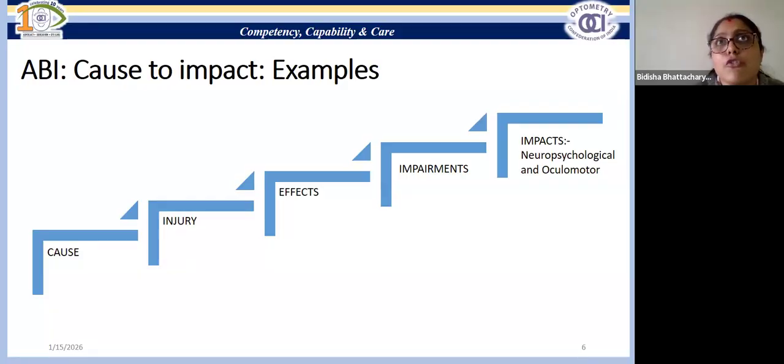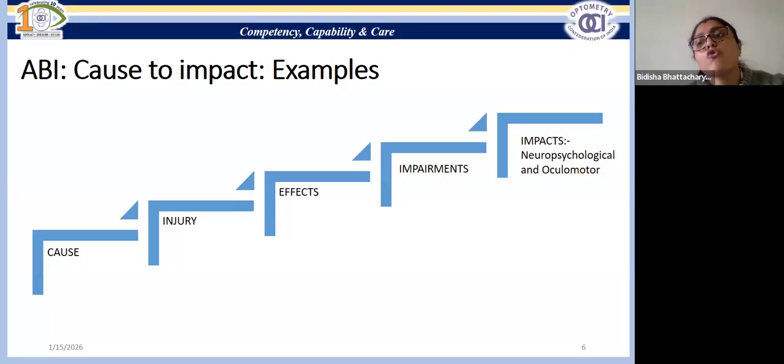If there is a blunt trauma, then what other issues are they feeling in day-to-day life? These effects are very important for us, neuro-optometrists should know. Then, due to this accident, what issues are they facing? If they lost one eye, if it is traumatic optic neuropathy, they will be blind in one eye. So, what impairments were done in which part of the eye or body? Everything should be recorded in your history taking.